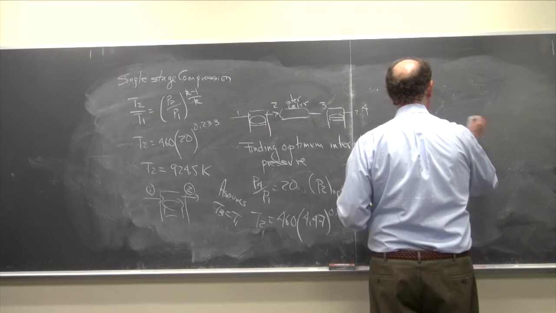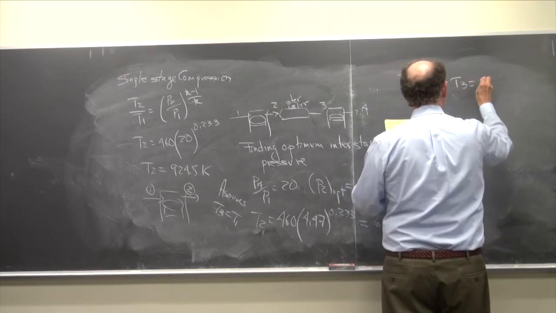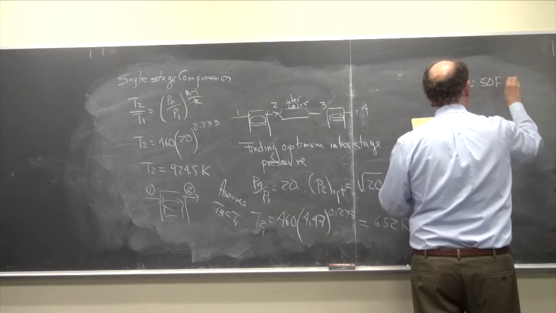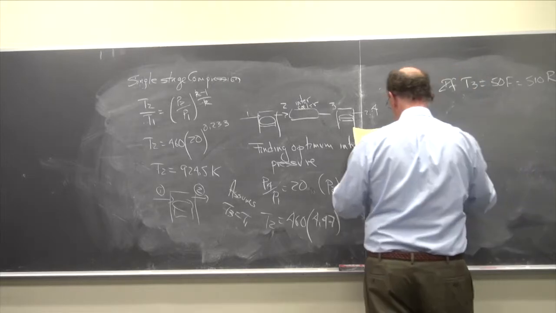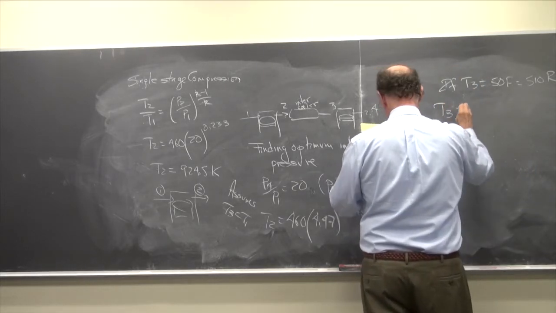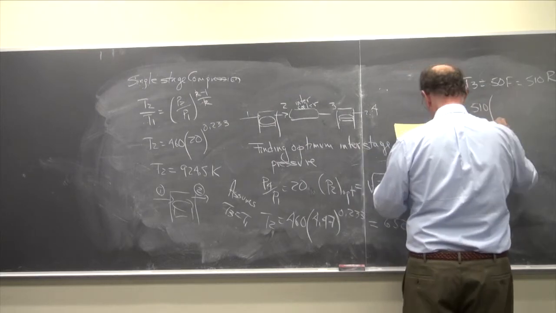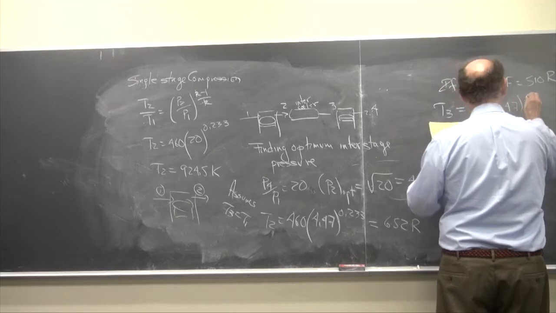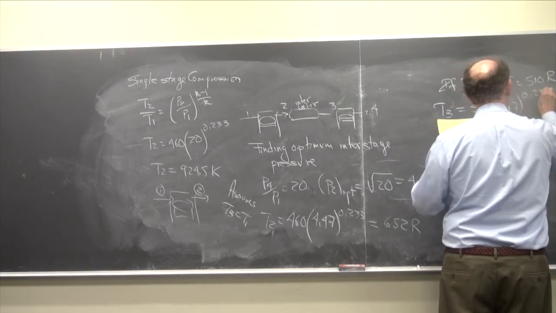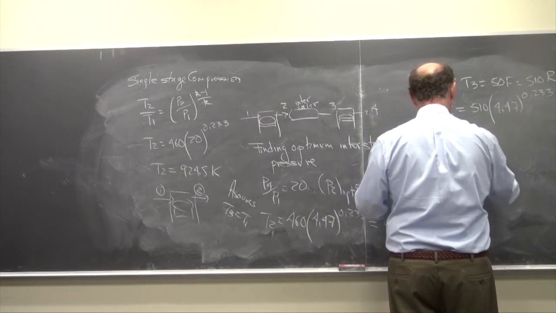So if T3 is equal to 50 degrees Fahrenheit, which is equal to 510 degrees Rankine, then T4 is equal to 510 times 4.47 to the 0.233.